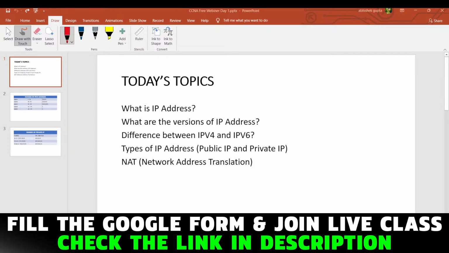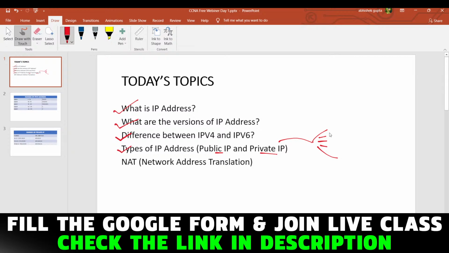Okay, so today our topic is about IP address only. We're going to cover many topics, such as what is an IP address, what are the versions of IP address, the difference between IP version 4 and IP version 6, types of IP address, that is public IP and private IP, what are the differences between them, where we use these IP addresses, what are the ranges of private IP address, and there are lots of questions you will find while explaining.